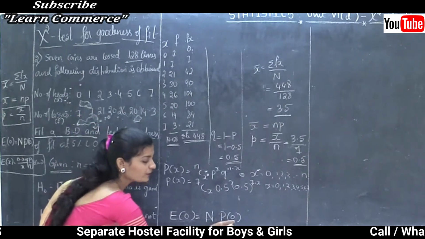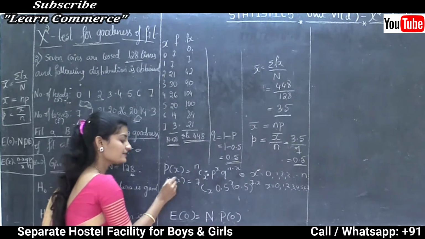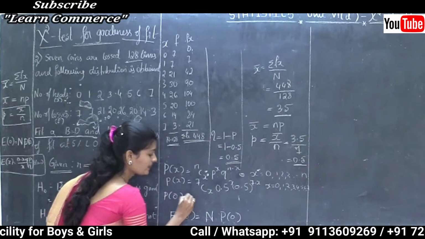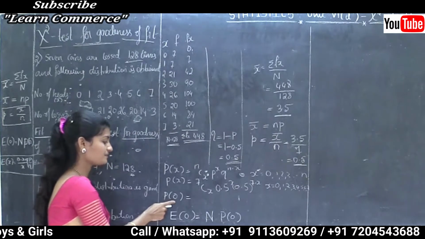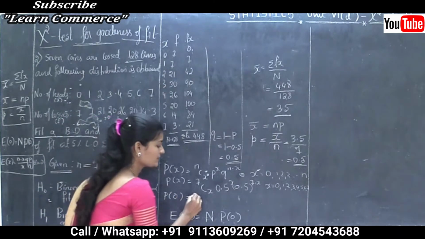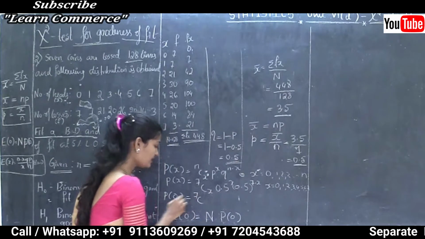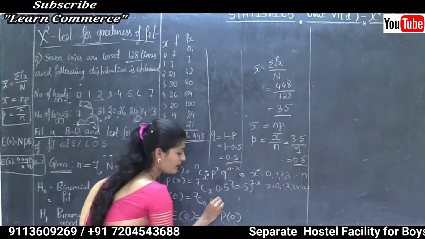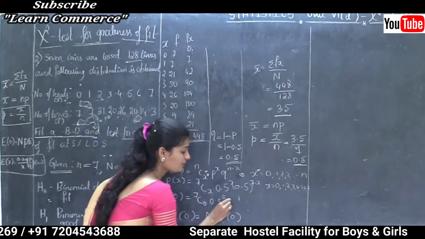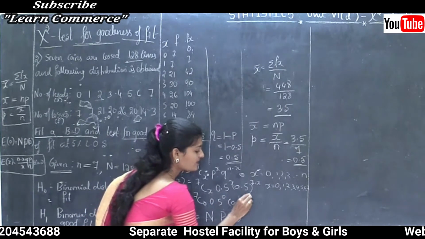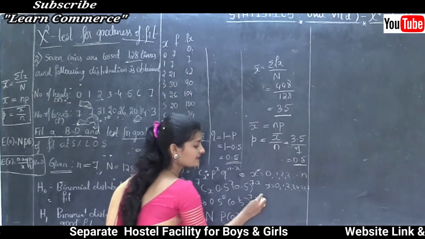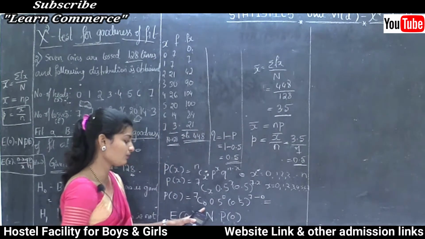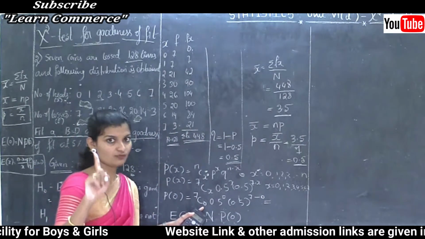Next, here we need p of 0, isn't it? So in the place of x I will substitute 0, that is p of 0 is equal to 7C0, 0.5 to the power 0, and 0.5 to the power 7 minus 0. This is equal to, 7C0 is 1.